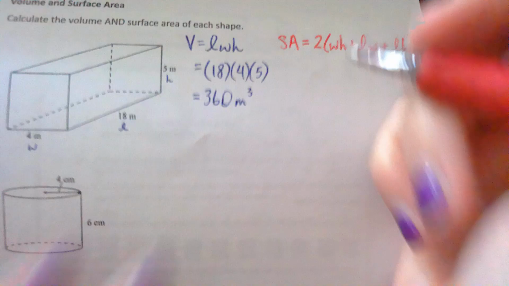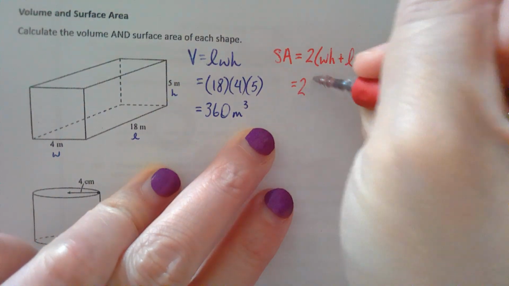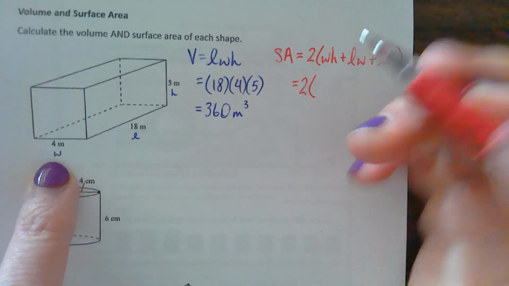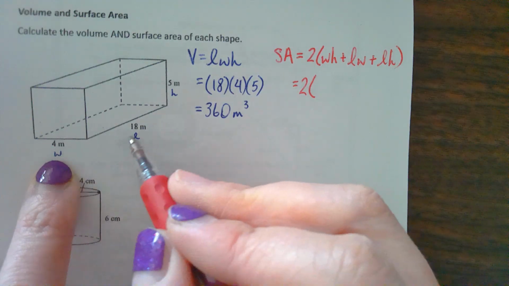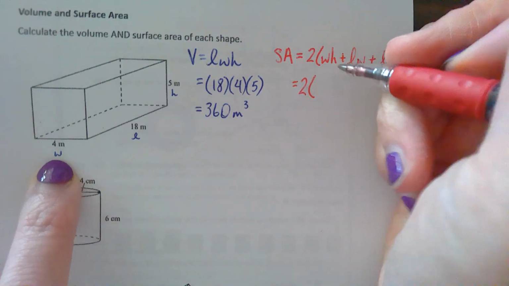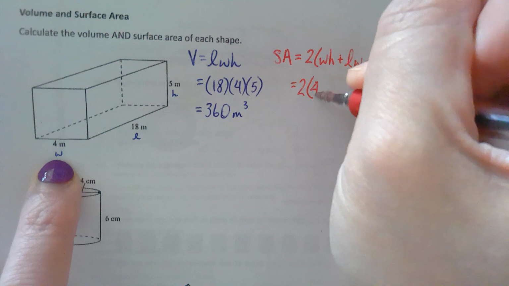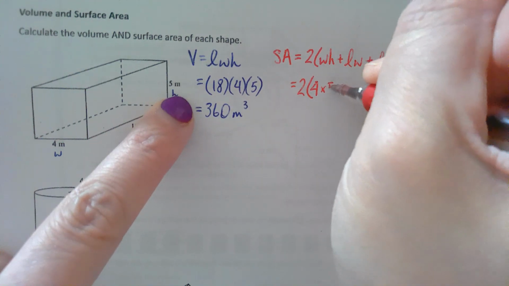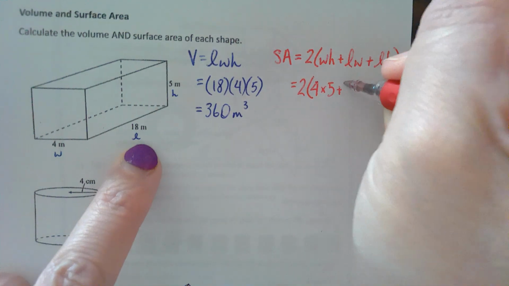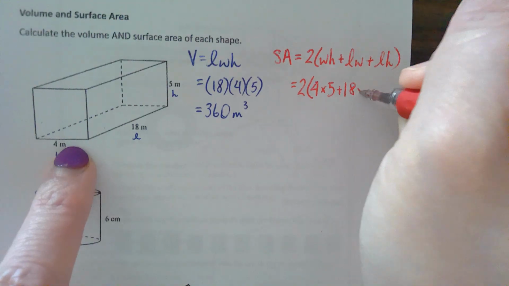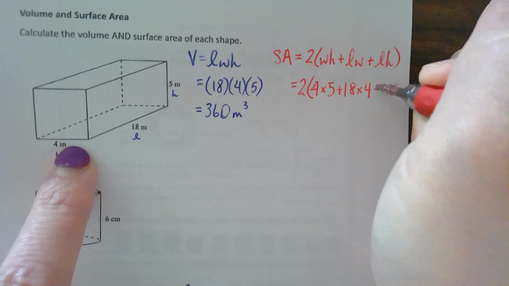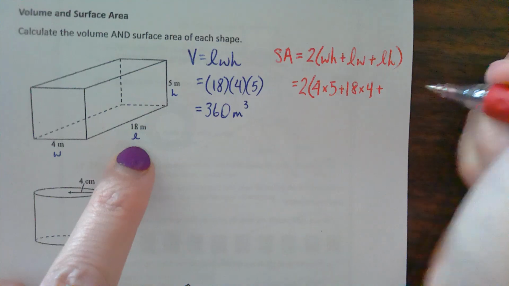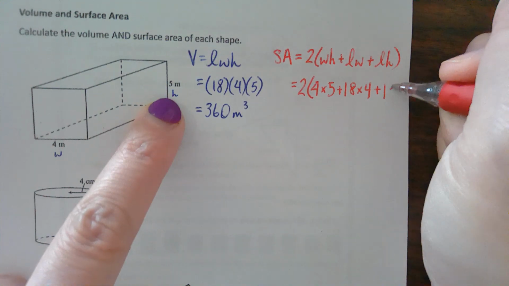Okay, so 2 and then bracket. This is why it's nice to label it so you know exactly what to sub in. So 4 times 5 plus 18 times 4 plus 18 times 5.